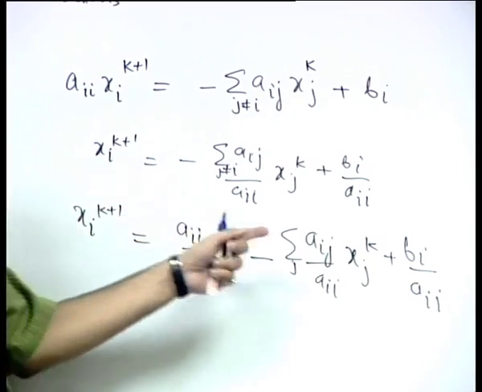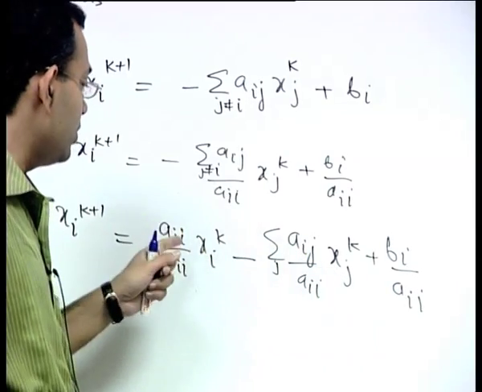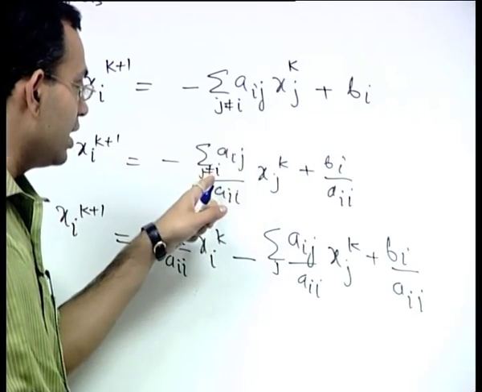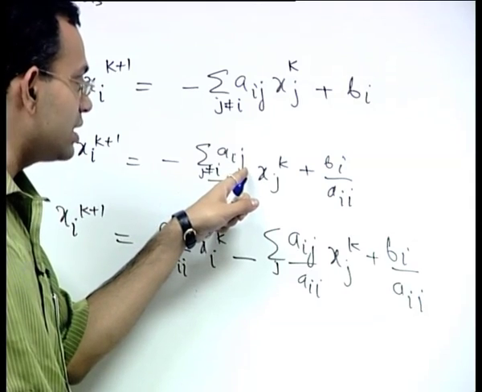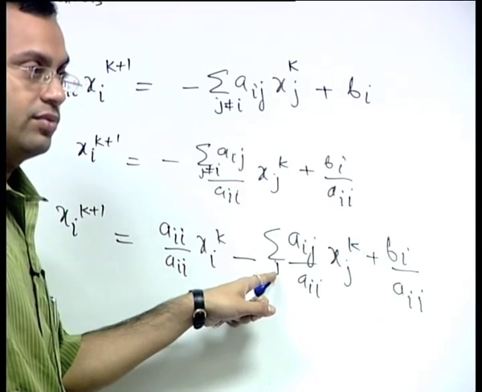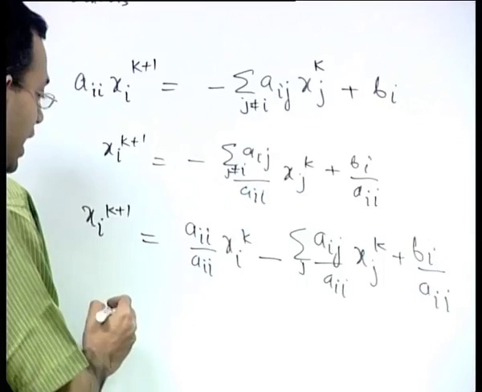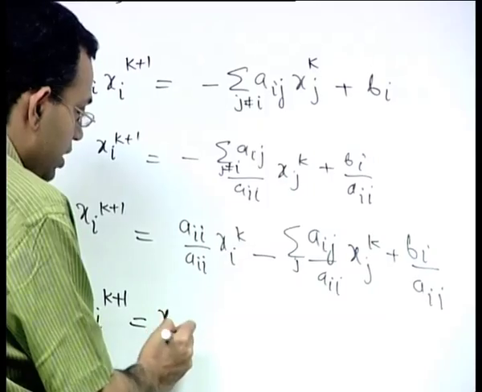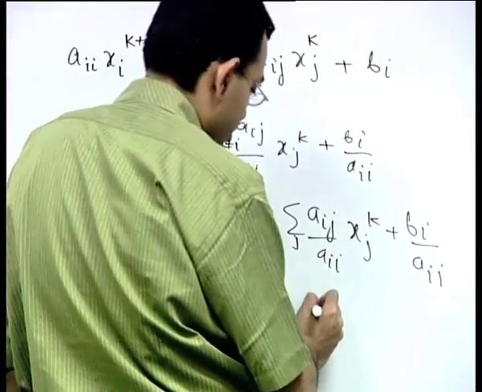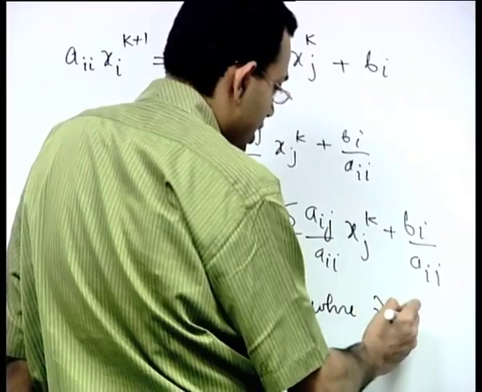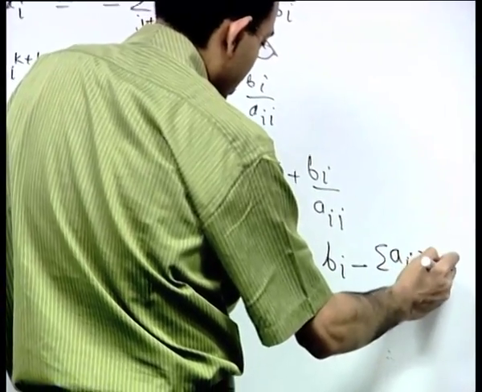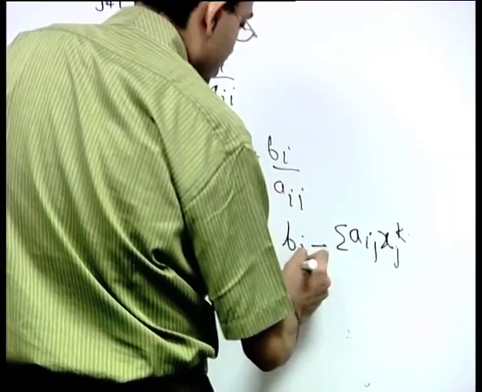So, what we have done? We have added one term which is a_ii by a_ii x_i^(k), that we have subtracted, and when we have subtracted that means we have also considered j equal to i. So, that j not equal to i we have relaxed. So, x_i^(k+1) is equal to x_i^(k) plus x tilde, where x tilde equals b_i minus summation of a_ij x_j^(k) by a_ii.